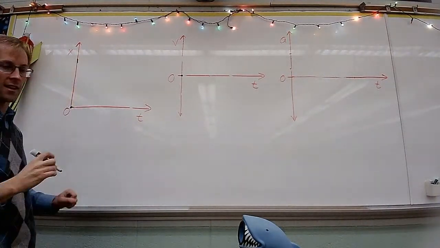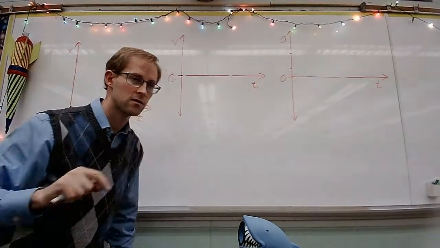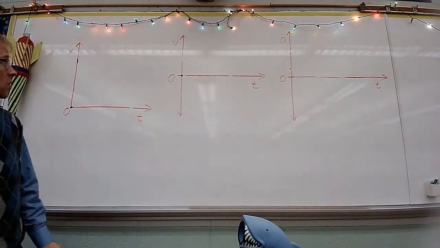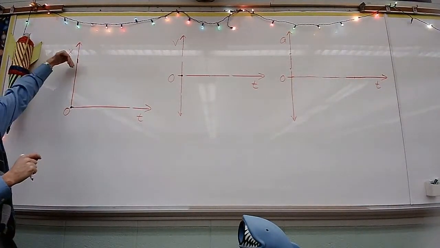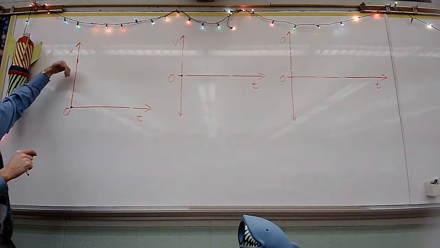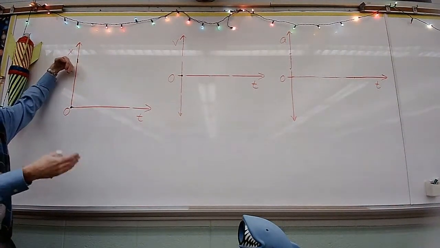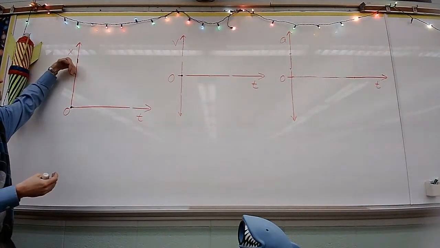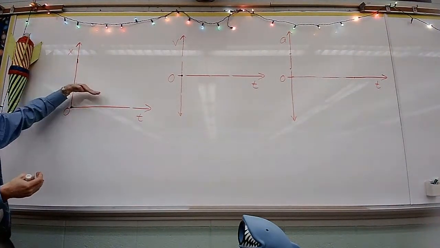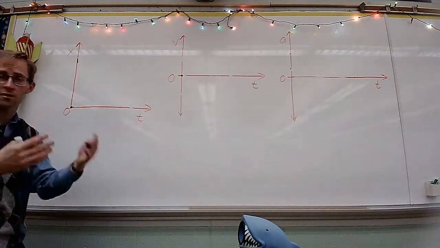Now, as time goes on, the shark slowed down. So what that means is that our slope here is going to get less and less. So here it's a very big negative slope, and because slope represents velocity, as time goes on, that slope is going to even out because the velocity gets smaller and smaller.